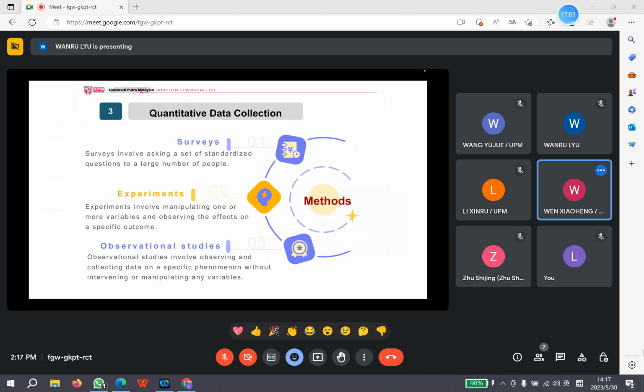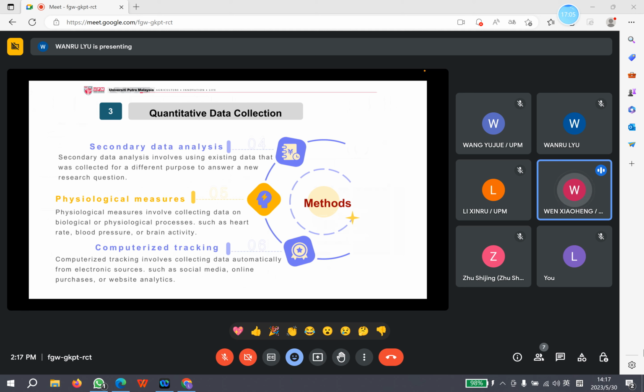Next, please. And the fourth one is secondary data analysis. It involves using existing data that was collected for a different purpose to answer a new research question. And the fifth one is physiological measures.